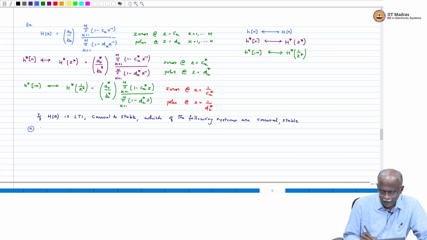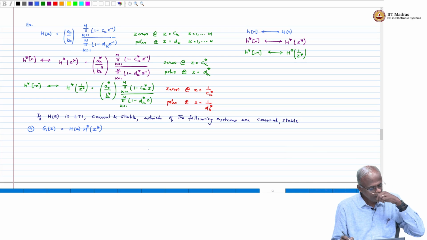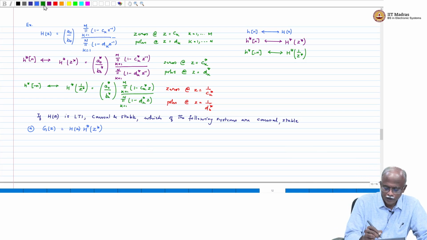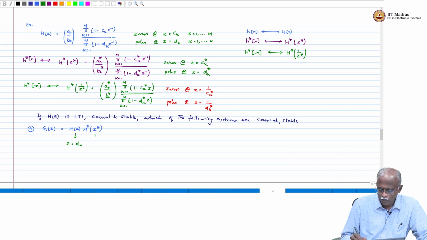Okay, first quantity that I want you to evaluate is a transfer function that is given by h conjugate of z conjugate. Where are the poles? If the poles of h are at z equal to dk, for this the poles are at z equal to dk conjugate.